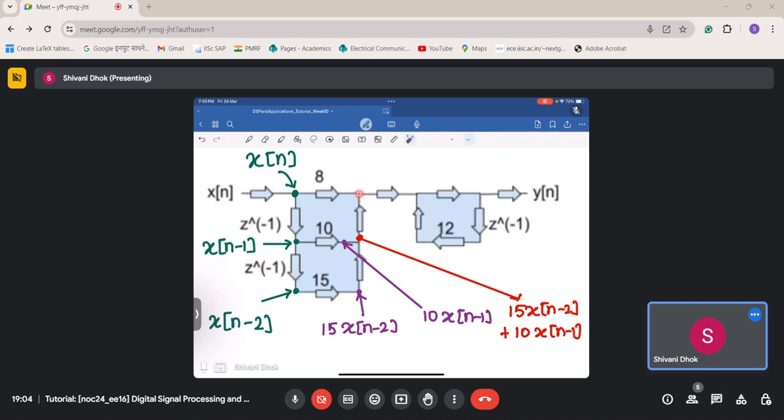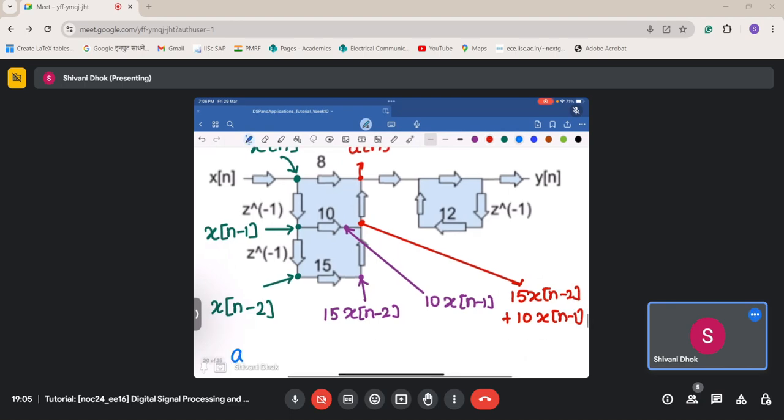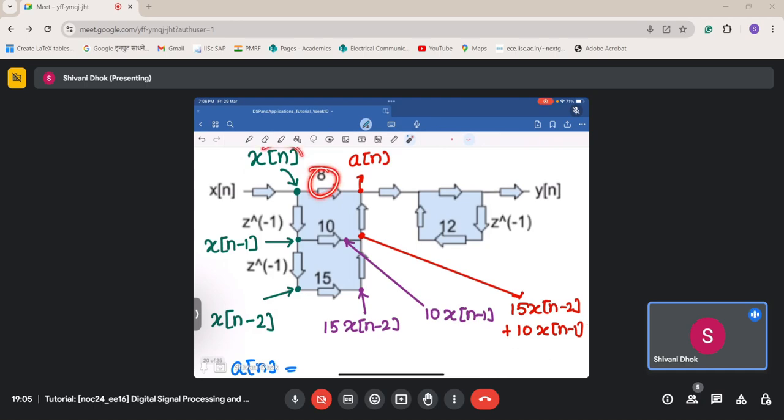Now here this thing gets added with this thing. Let's say at this location we are receiving a of n, which is some signal, and a of n is equal to 8 times x of n plus whatever is passed on to this location.